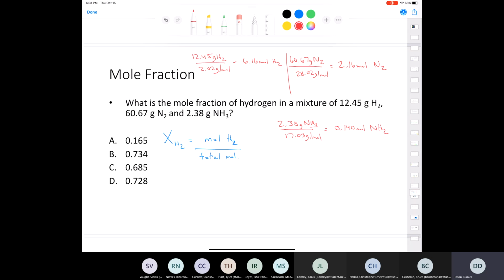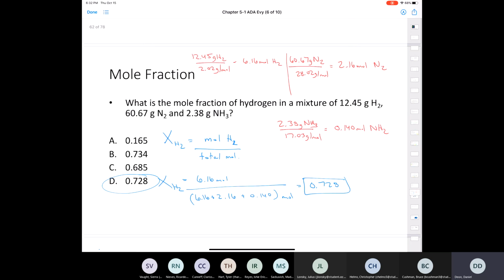And now we can plug some numbers in, and we can say the mole fraction of hydrogen is equal to 6.16 moles divided by 6.16 plus 2.16 plus 0.140 moles. And the moles cancel out, and we end up with a mole fraction of hydrogen equal to 0.728. And so there's our answer.